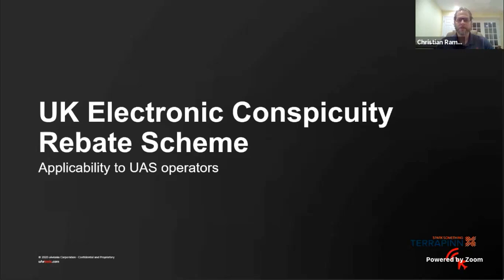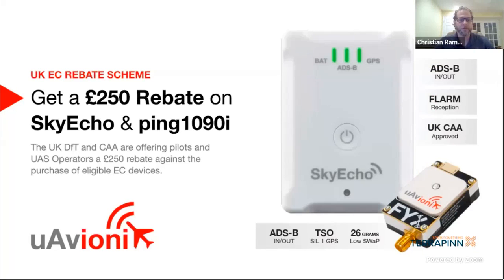Right now, as closing, there is a rebate scheme, so free money from the UK CAA and Department for Transport. There's a £250 rebate on electronic conspicuity devices, including the Sky Echo and Ping 1090i devices that are being offered from the UK CAA and Department for Transport.